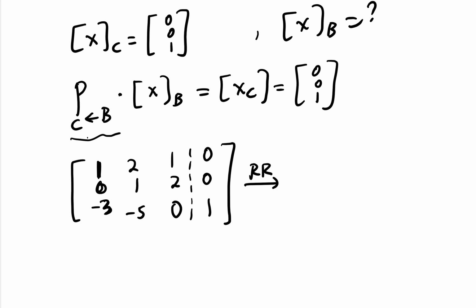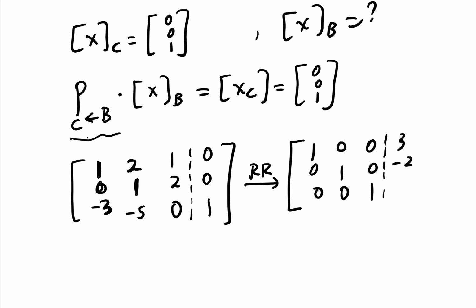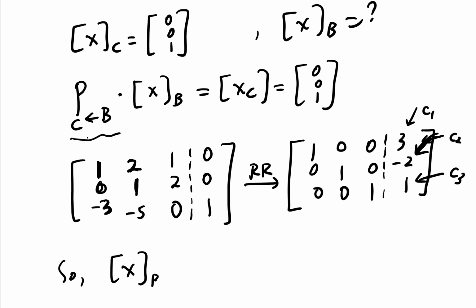And then you can use this one to clean up the other ones. So that will give us 1, 0, 0, 0, 1, 0, 0, 0, 1. And here 3, negative 2, 1. That's what I got. So those numbers are the c1, c2, c3. So x's components in the basis B are 3, negative 2, 1.